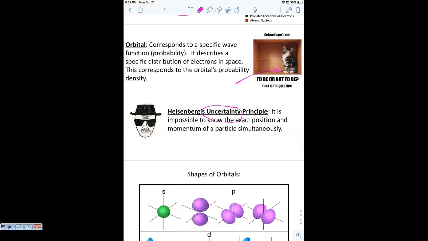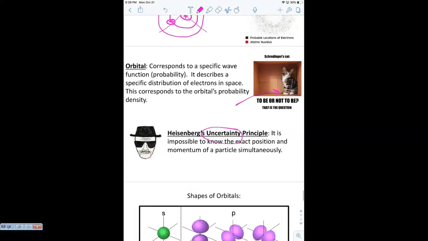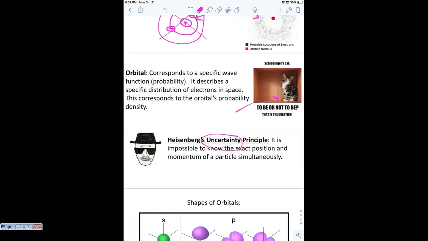So all of these people together are why no one scientist is given credit for the wave mechanical model of the atom. If you're not sure, you can scroll back into your notes from when we talked about the history and take a look at that. That's it for today.